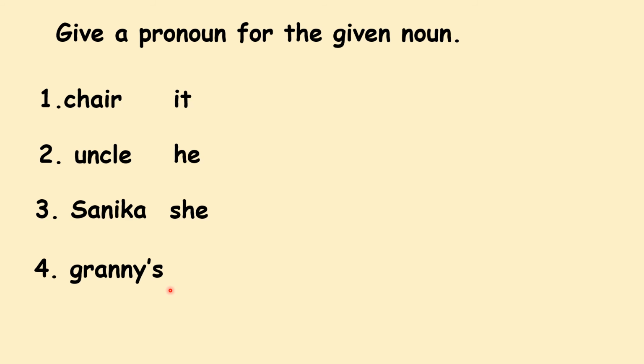Grannies. Now children, here there is a word not granny but grannies, meaning apostrophe s. So we are talking about your grandmother's something, maybe your grandmother's glasses. So the pronoun her is used. Tiger.